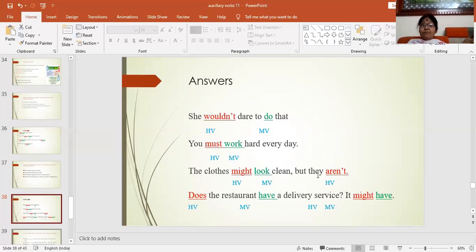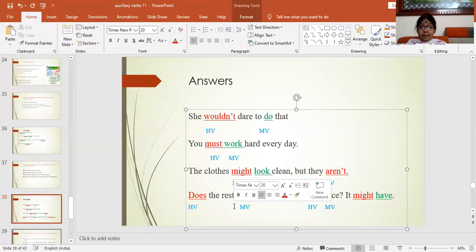Aren't is helping verb. And look is main verb. Does the restaurant have a delivery service? Does is helping verb. And have is main verb. Right? And here might is helping verb. And have is main verb.